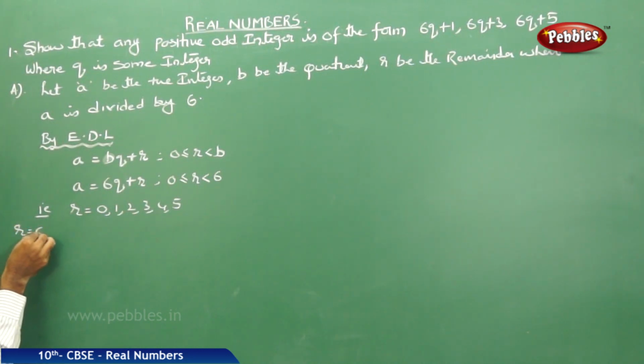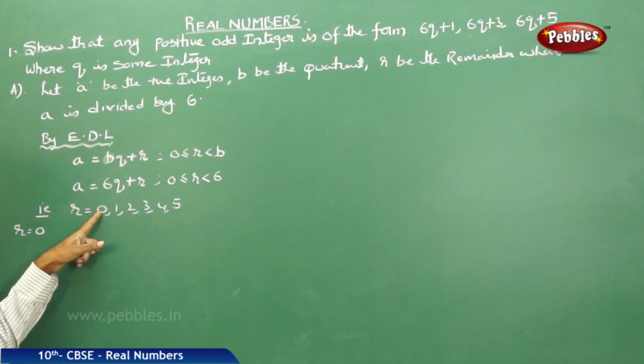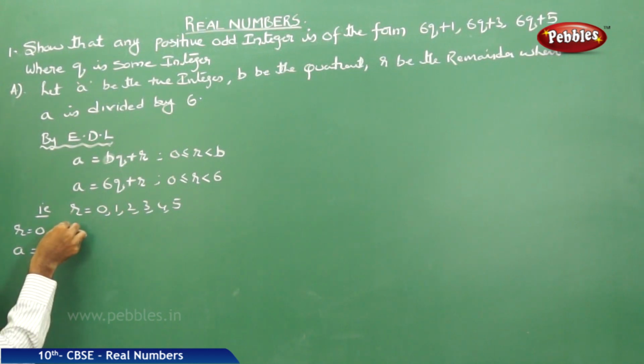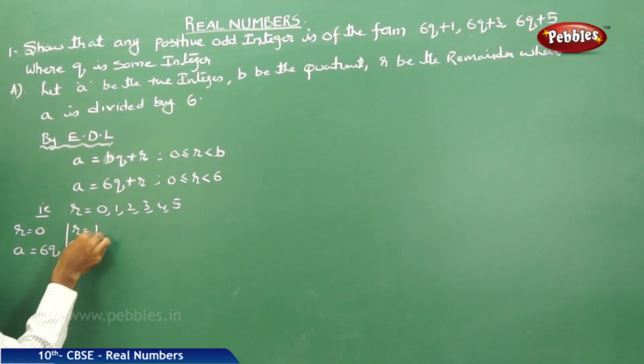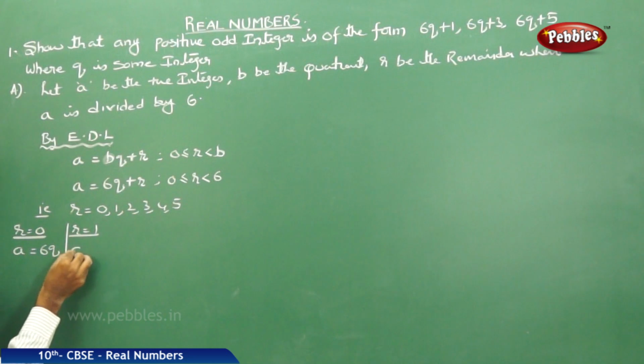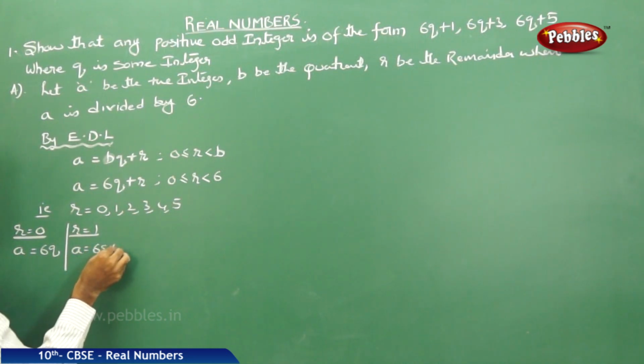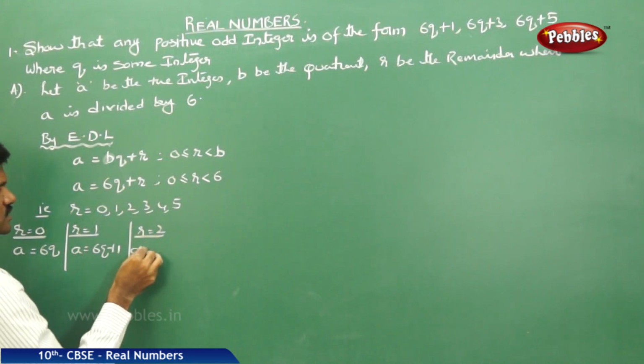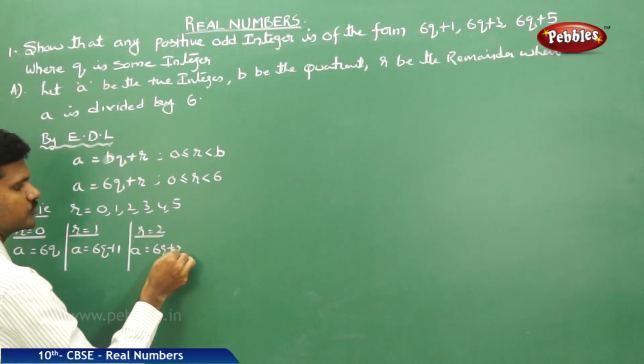When r is equal to 0, it becomes a is equal to 6q. If r is equal to 1, a is equal to 6q plus 1. If r is equal to 2, a is equal to 6q plus 2.